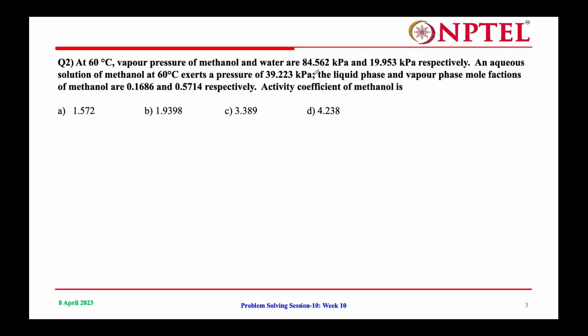So here in this statement, the temperature is given, the vapor pressures of methanol and water are given, the total pressure 39.223 is given, and the liquid phase and vapor phase mole fractions are given. Right.